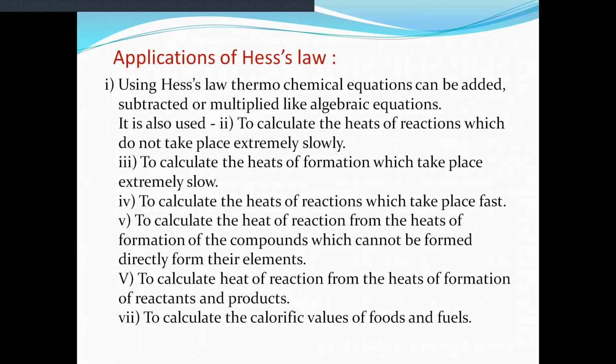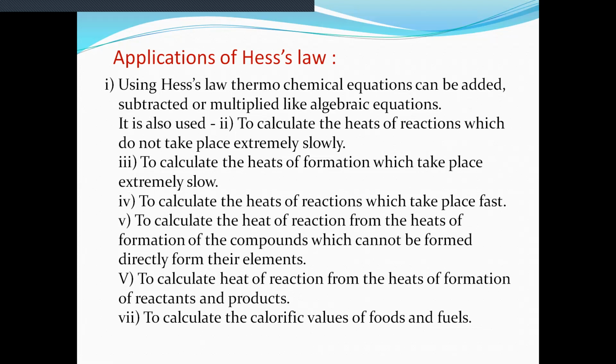Then we have seen process and different types of process: isothermal process, isochoric process, isobaric process, reversible process, irreversible process, etc. After that, we have seen the difference between reversible and irreversible process, and then the different statements of the first law of thermodynamics.